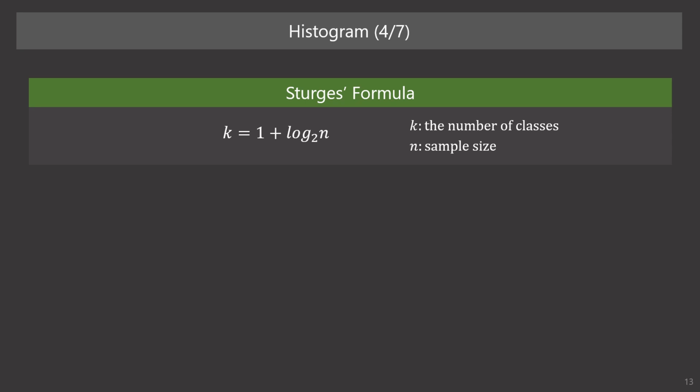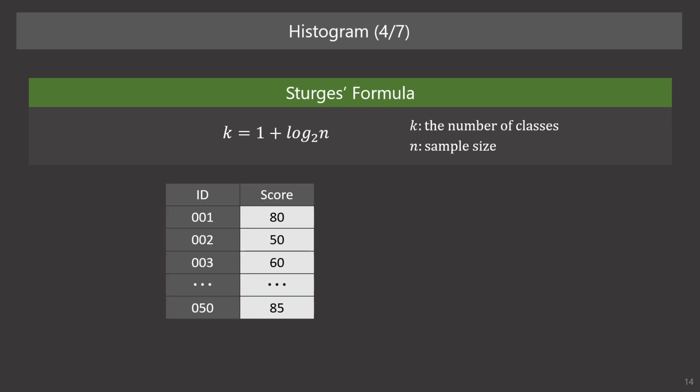This formula is designed to determine the number of bins, so by using this formula, we can determine the class width also. According to this formula, the number of bins equals 1 plus log base 2 of n. Here, n represents the number of observations.